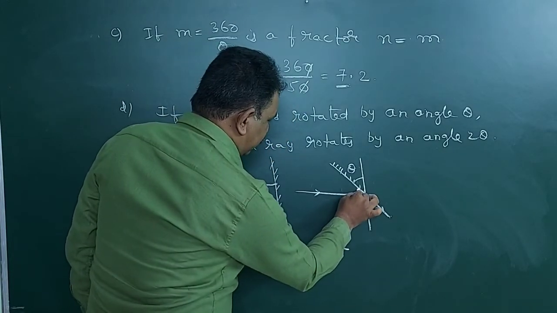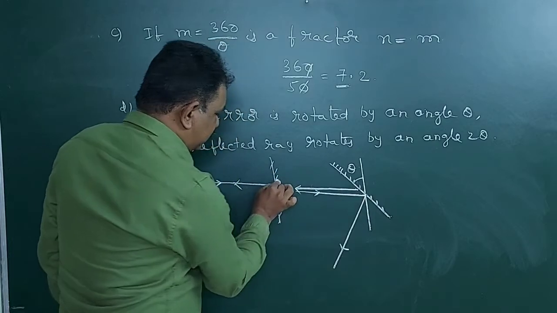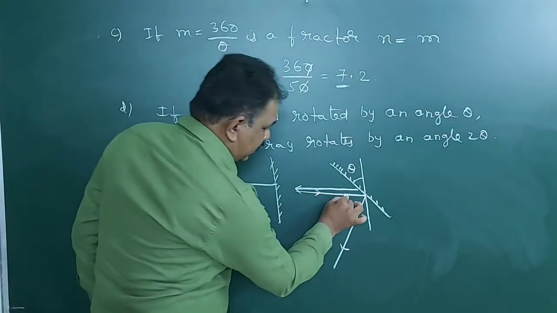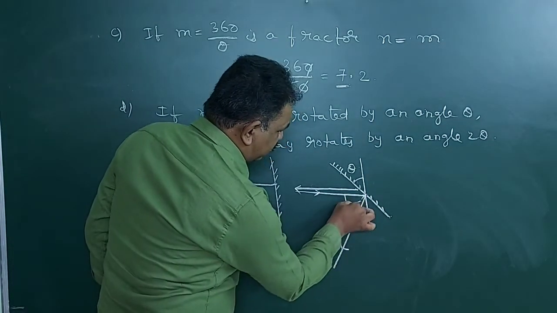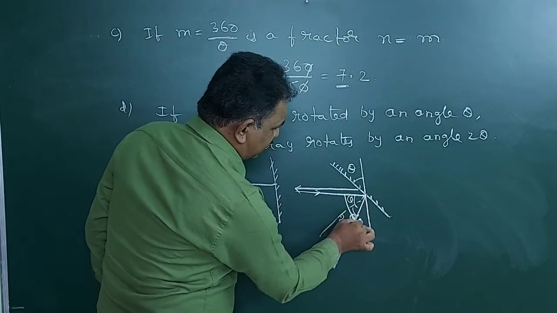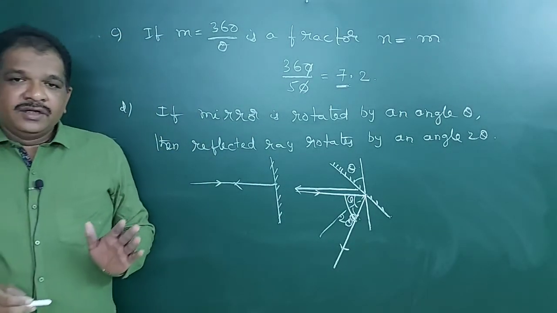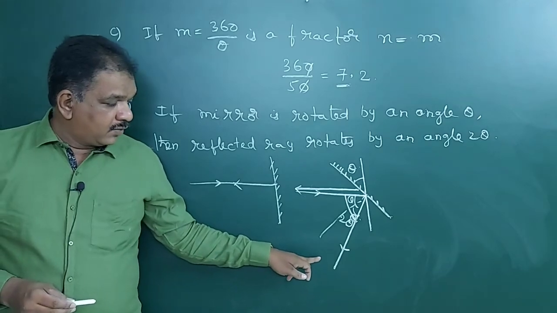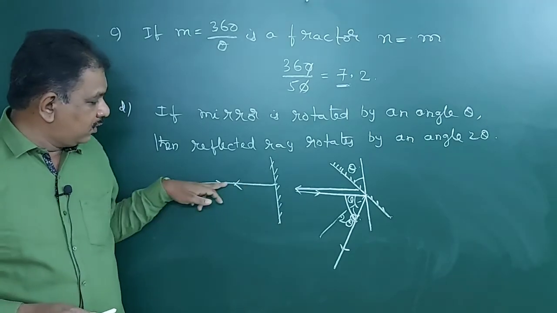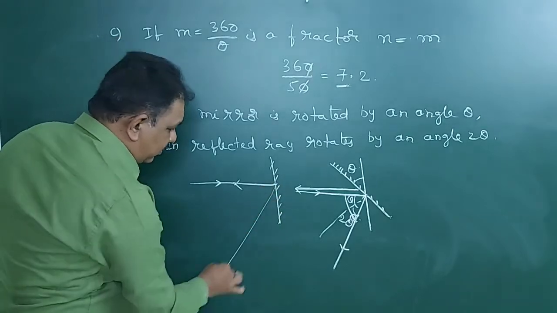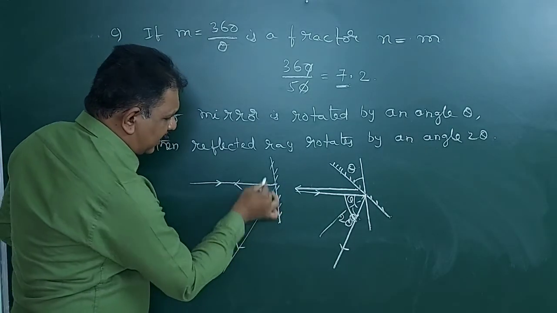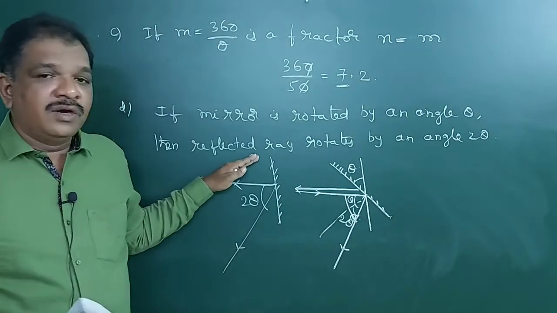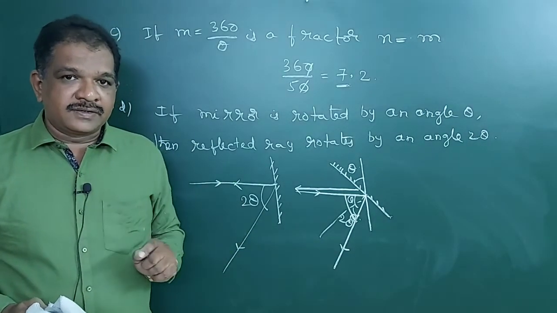Actually the initial reflected ray will be like this. In this case, this is the reflected ray. This angle will be equal to 2 theta. This angle will be theta. This angle will be theta. So if the mirror is rotated by an angle theta, the reflected ray will rotate by an angle 2 theta. Actually, the reflected ray is like this. When the mirror is rotated, it is coming like this. This angle will be equal to 2 theta. Okay, so these are the formulas related to plane mirrors.